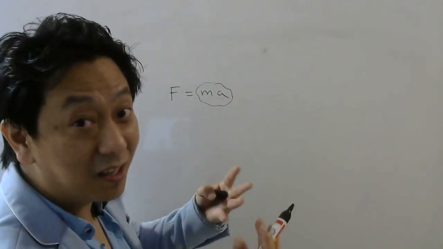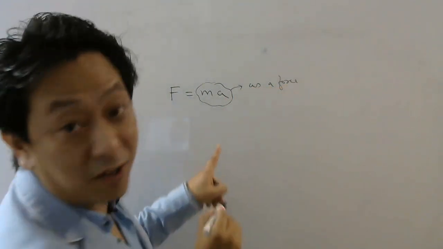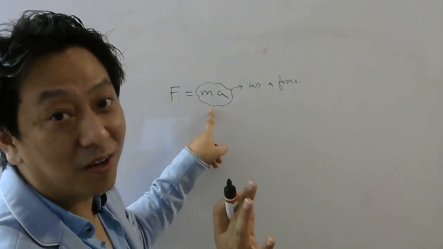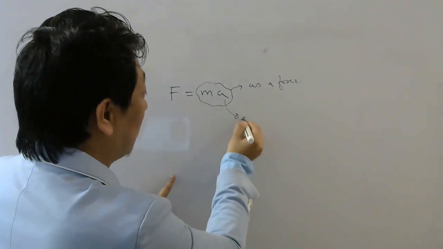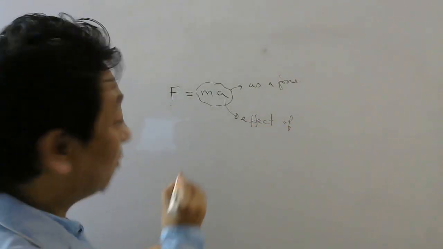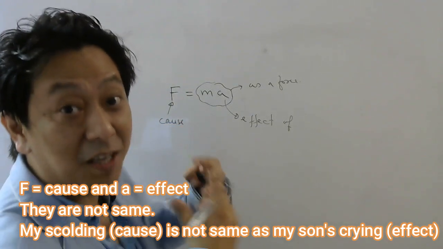So people start thinking this also as a force which acts on a body. But please understand, this is not a force which acts on the body. This is the effect of force. Acceleration is the effect of the force.